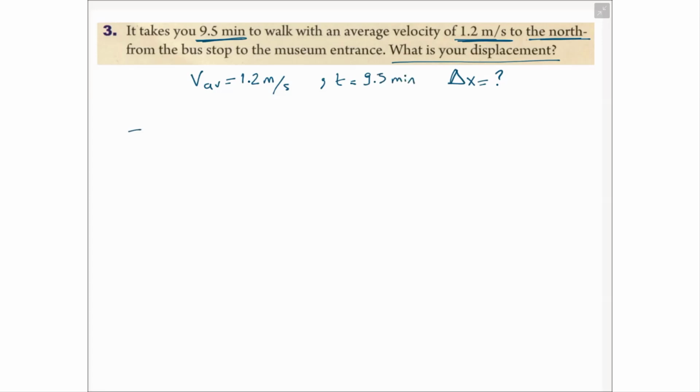First step, we have to write the formula v average equals delta x over delta t, and the question is asking what is delta x, so delta x equals, from cross multiplication, v average times delta t.